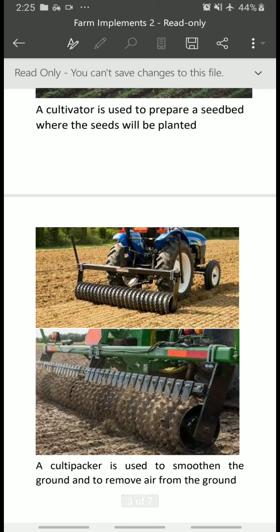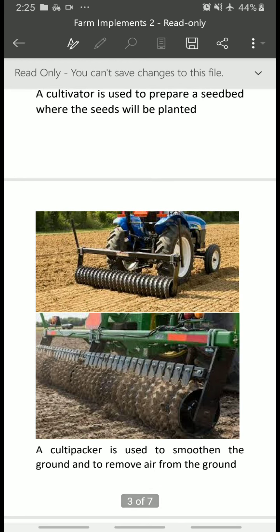And then, remember we talked about the harrow breaking those big, hard soil. Now, can you see this one doesn't have those wide discs that the harrow has? This one is smaller, so it can break the smaller ones.